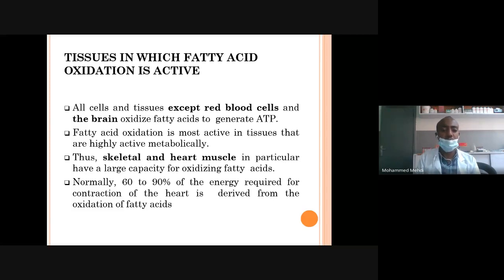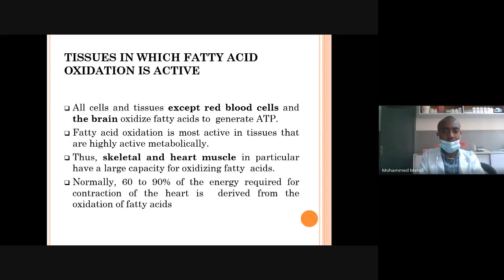Number one. Number two, in the brain, fatty acid cannot cross. The brain has mitochondria, but fatty acid cannot cross the blood-brain barrier. As a result, fatty acid oxidation does not occur in the brain cell.